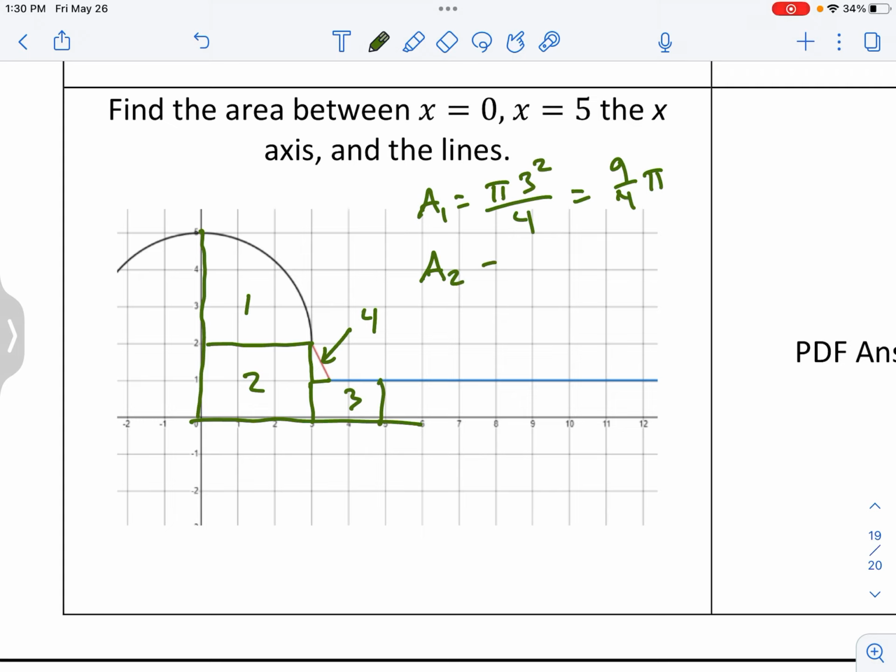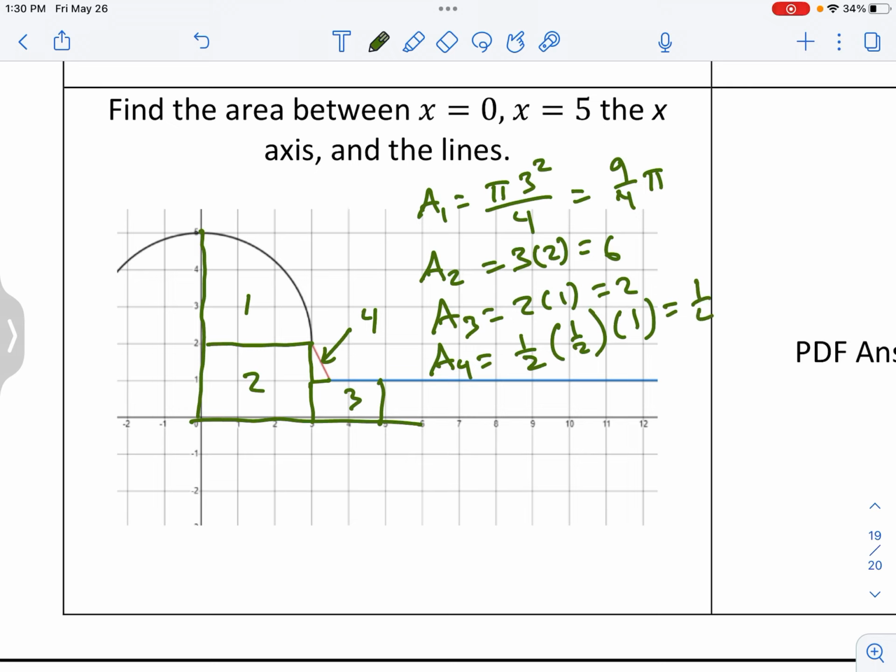Area part 2 is simply 3 times 2, or 6. The area of part 3 is simply 2 times 1, or 2. And the area of part 4. Okay, a little weird here. 1/2 base times height. Looks like my base is only half wide, and my height is 1 tall. So that looks like that's going to be 1/4.